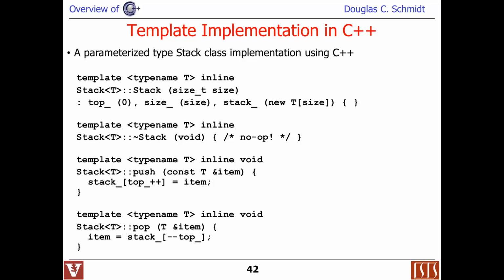Instead, it stashes that template away someplace, in a library, a repository, a file system directory, or a folder. And then later, when you go to instantiate the template, you say Stack of int, or Stack of double, or Stack of employee record, or whatnot. Then it goes through and looks to see which methods you actually use from that template.